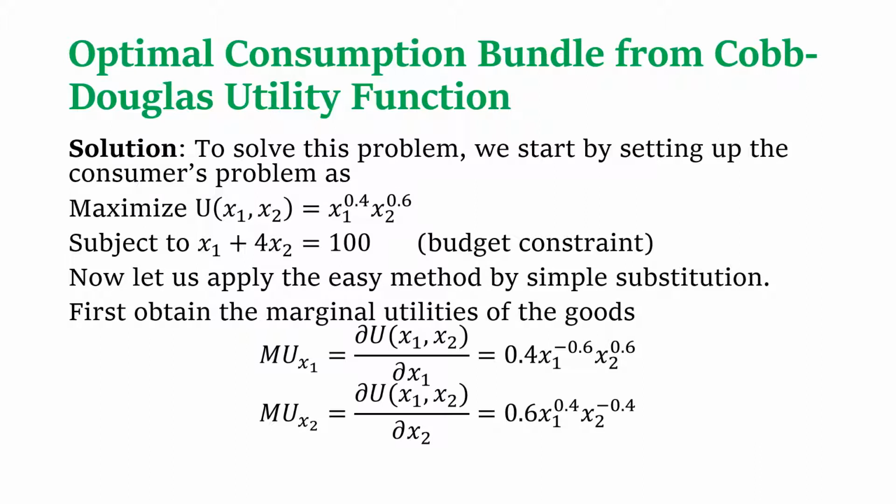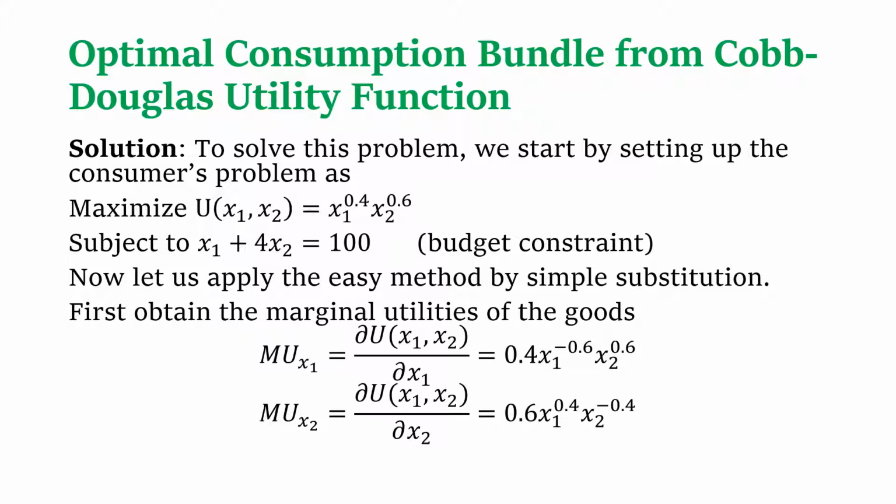But remember, when you are differentiating this utility function with respect to x1, you are holding the other variable, which is x2, constant. That variable remains unchanged. So the marginal utility of good 1 here is 0.4 x1 to the minus 0.6 x2 to the 0.6.